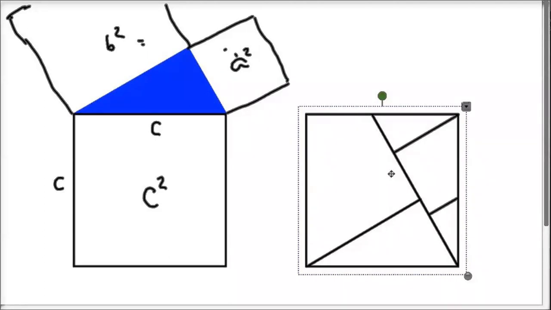So if you are given a triangle, just like triangle ABC, or the blue triangle rather, then you can see that this will give you C squared, which is equal to A squared plus B squared. And basically, this is what we have done as far as this particular concept is concerned.